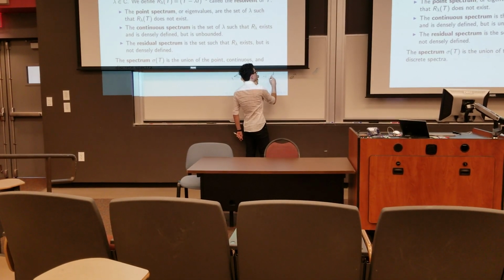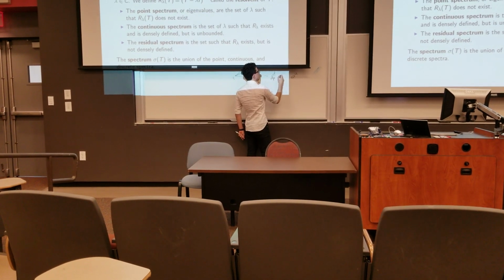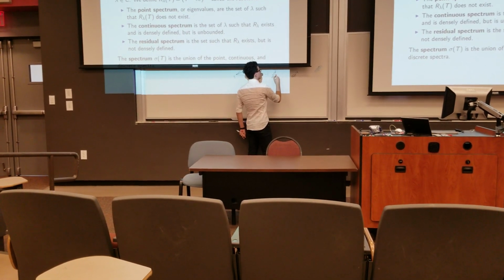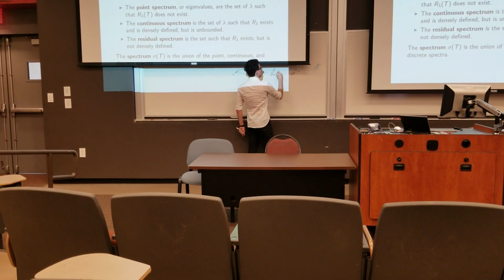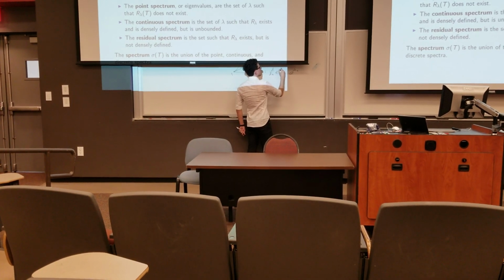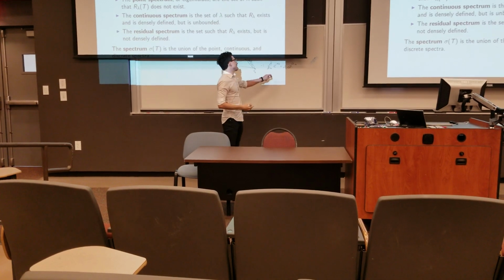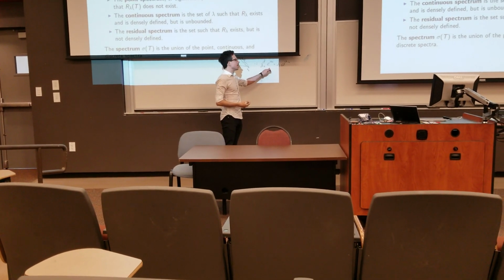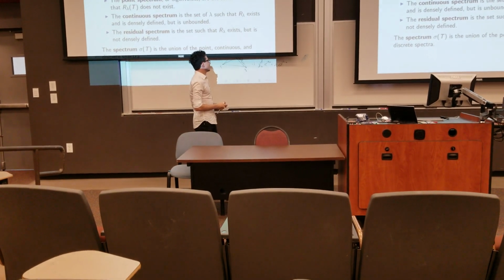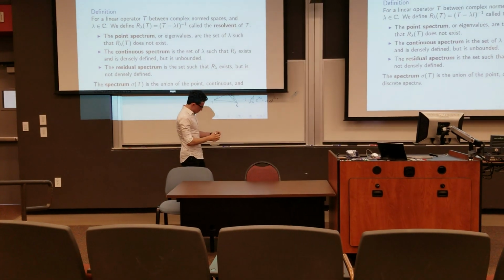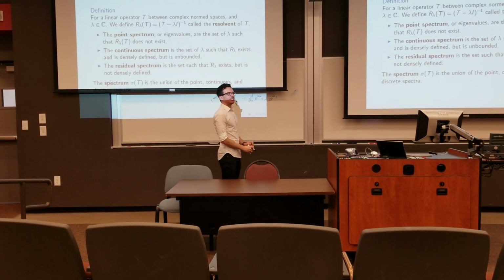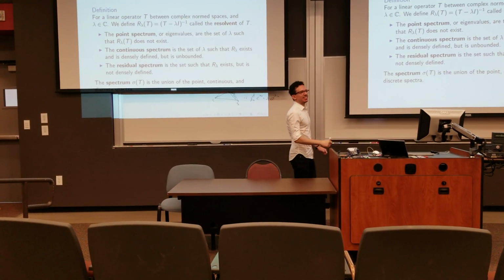Negative i d/dx of e to the i lambda x equals lambda times that. But the issue is, again, this isn't actually in our Hilbert space because it's not square integrable. Okay, that helps enough.